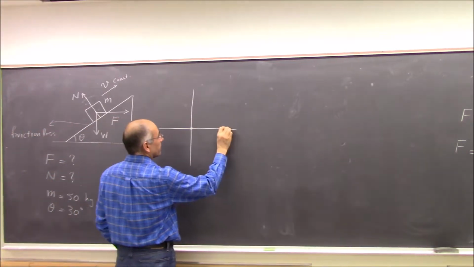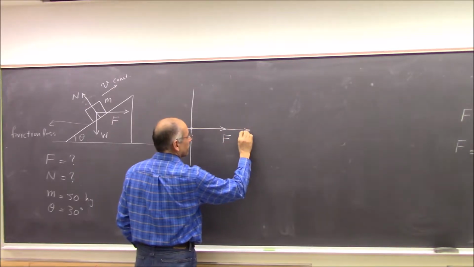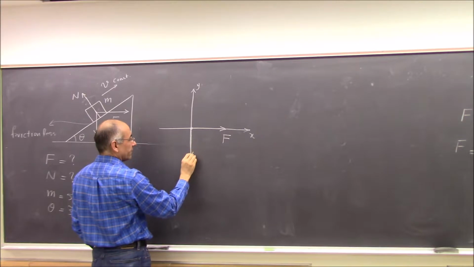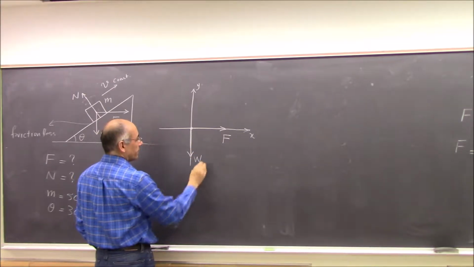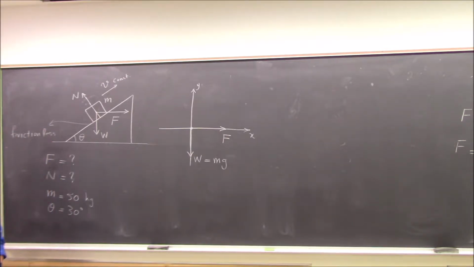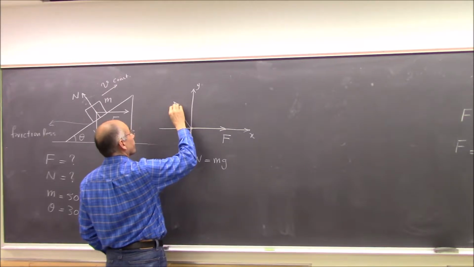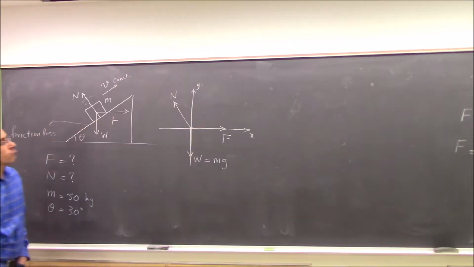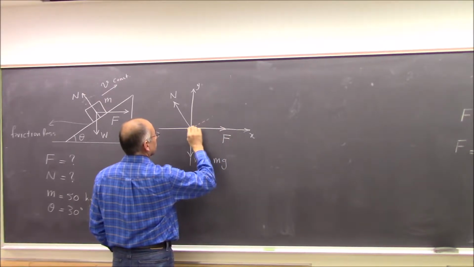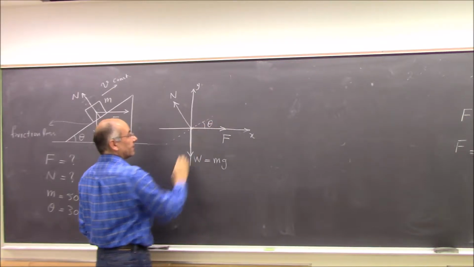Then F is in the x direction, and W, which has magnitude mg, is in the negative y direction. The normal force is at some angle this way, and the ramp is in this direction, with the angle between the ramp and the horizontal being theta.